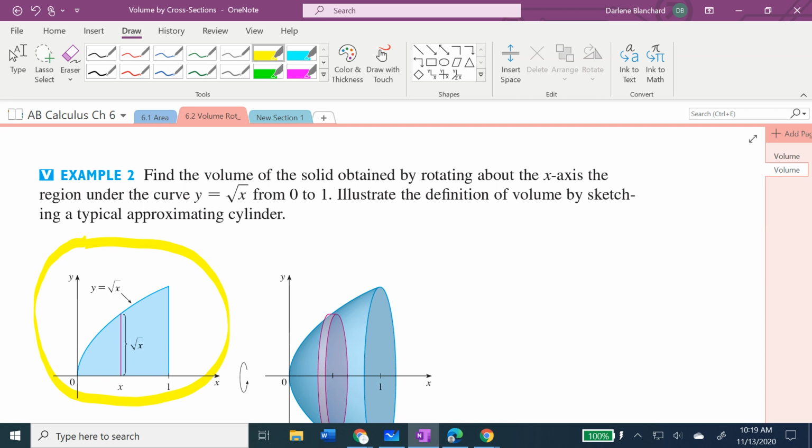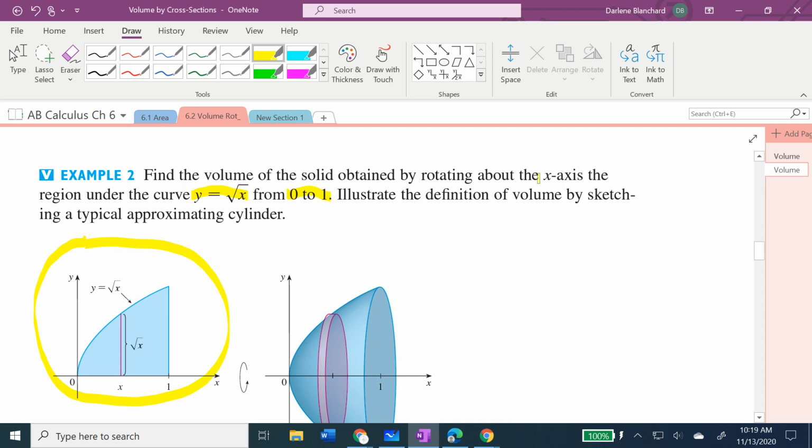So what you need to do is, one, identify the region they're describing. Sometimes that's not worded fantastically, just know that. The AP test, though, is excessively clear. So this is saying the region under the curve y equals root x from 0 to 1. And so that's including the x-axis as a boundary.